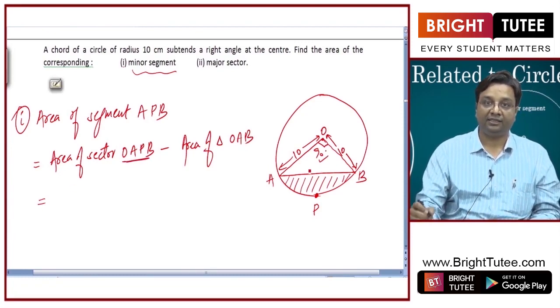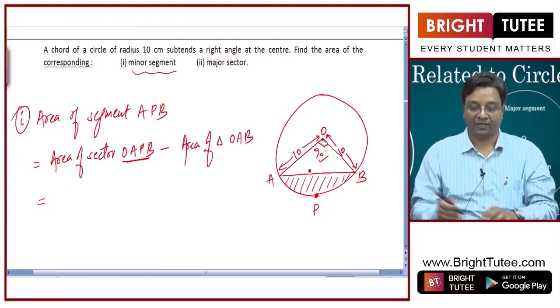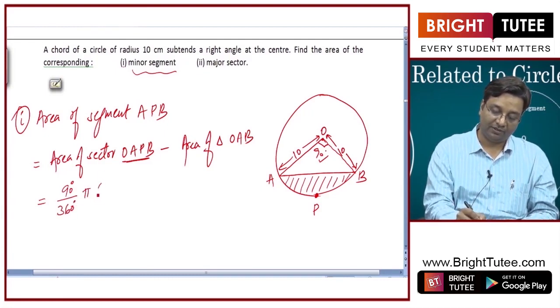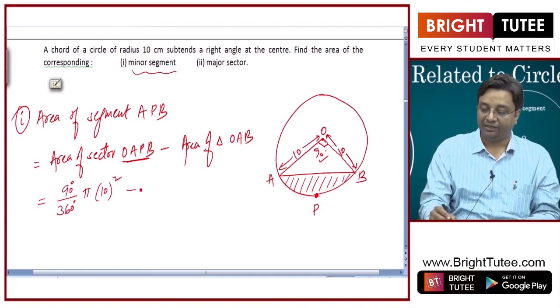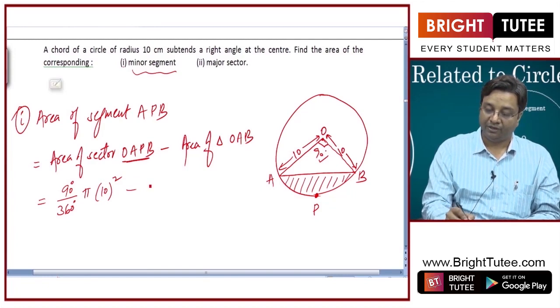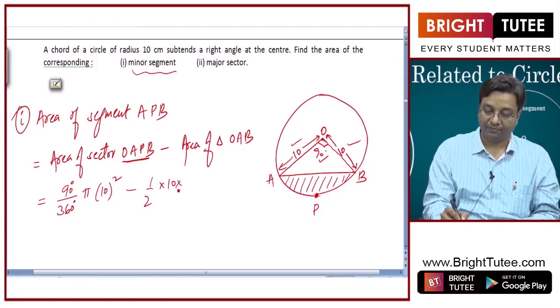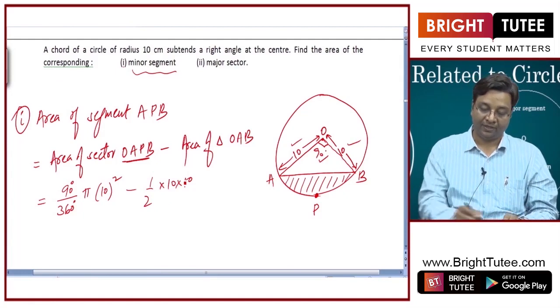This is 90 degrees, so this is just a quadrant of the circle. So it is 1/4 of area of circle, or as we usually do, theta by 360 pi r square, which is 10 squared. So this is the area of this sector OAPB minus area of this triangle OAB, which is a right angle triangle. So half into 10 into 10, right?